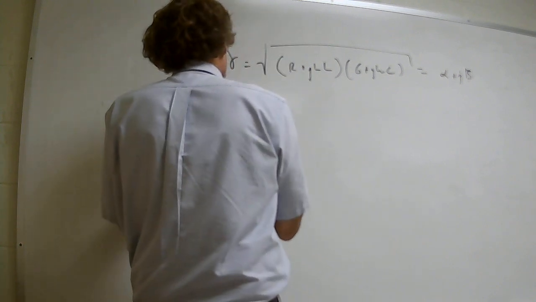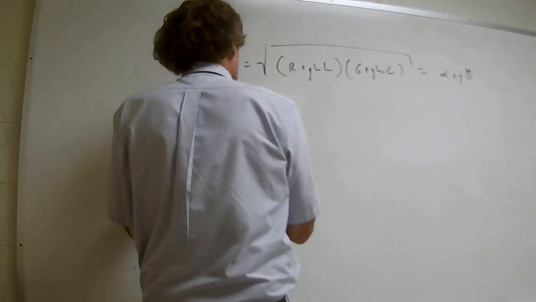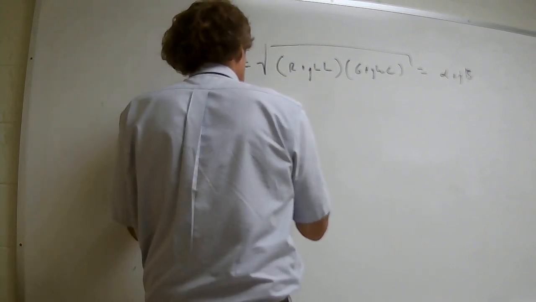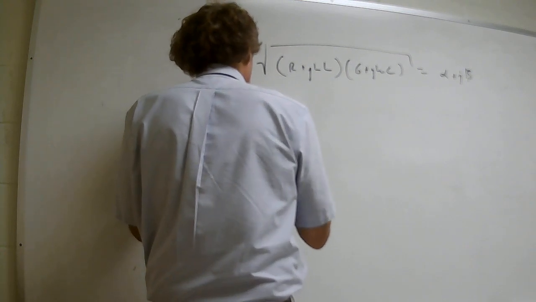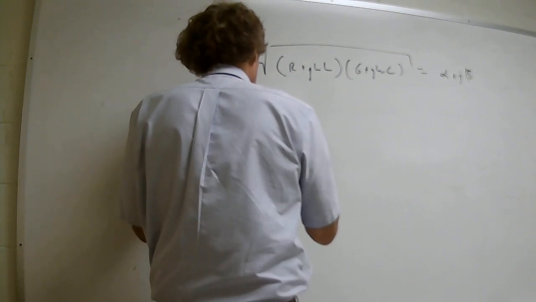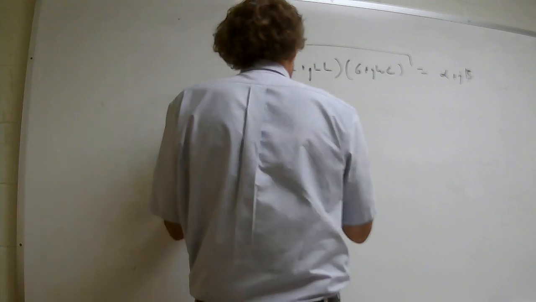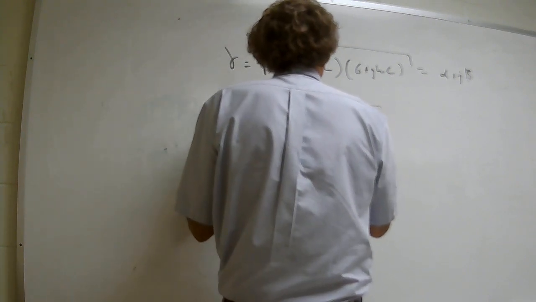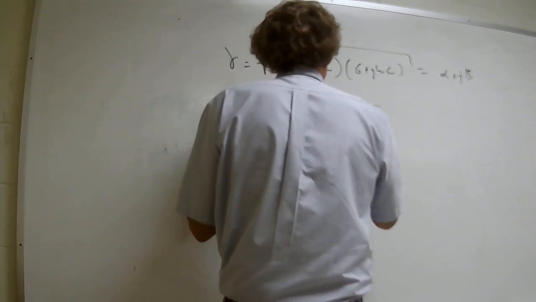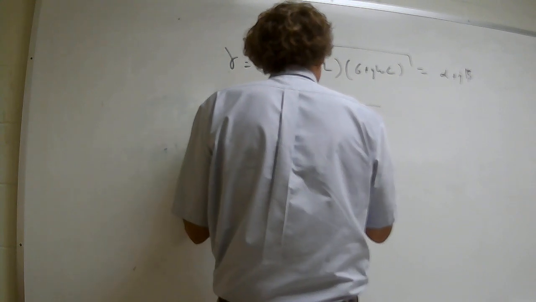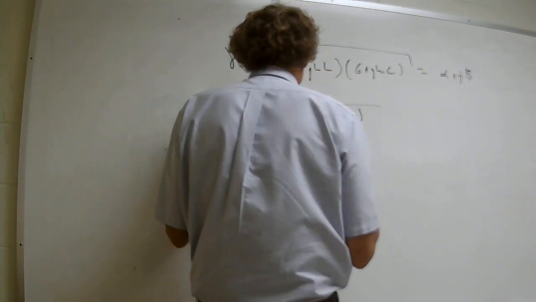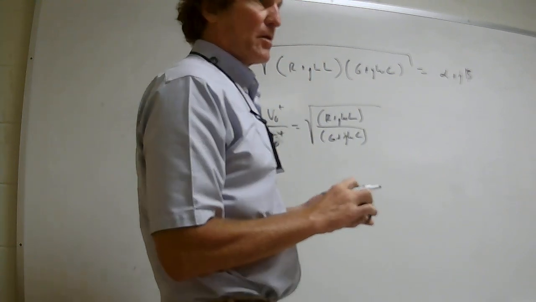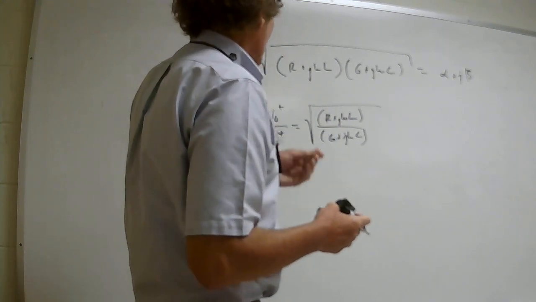Then the characteristic impedance for positive going waves, E0 plus over I0 plus, is equal to the square root of R plus j omega L over G plus j omega C. And that can be complex. We talked about that.